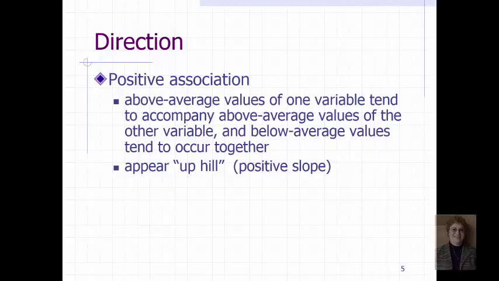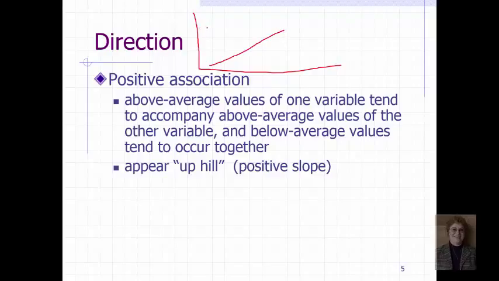We might have a positive association, meaning as one value gets big, the other one gets big, or as one value is small, the other one is small. What happens with these is if we would graph this for a positive association, the graph looks like it goes uphill.